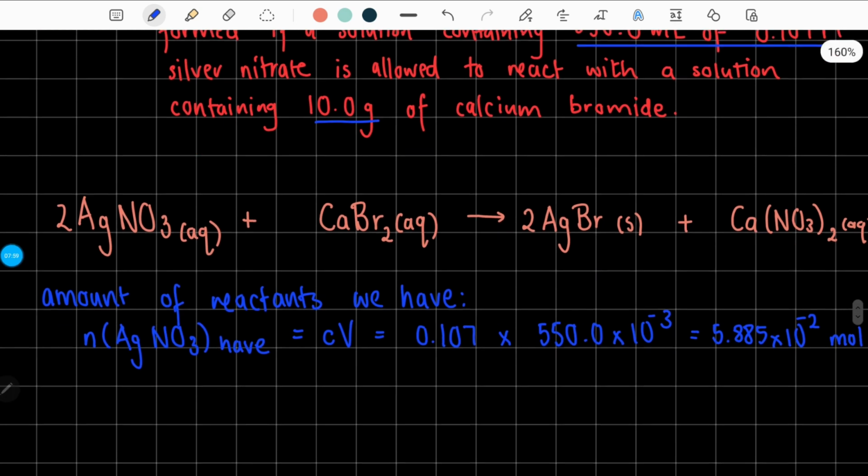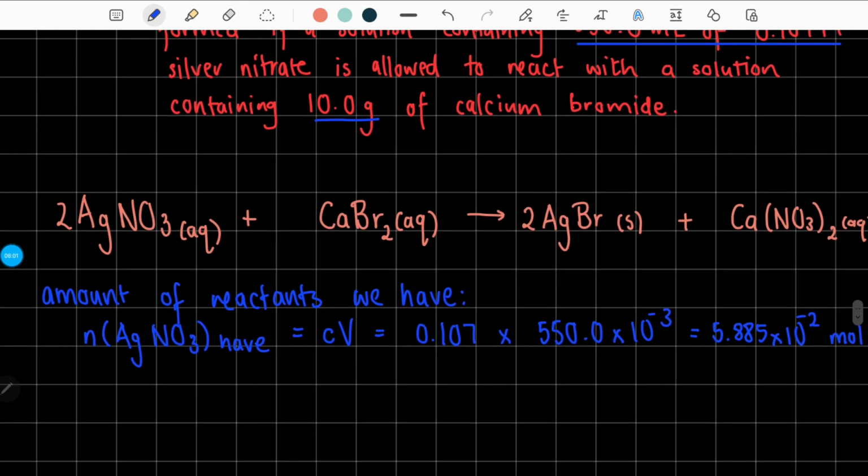Great. Now what I'm going to do is find the moles of my second reactant. I'll leave a little bit of space here. So the number of moles of calcium bromide that I have is going to be, here I'm given a mass, so my moles is mass divided by molar mass.